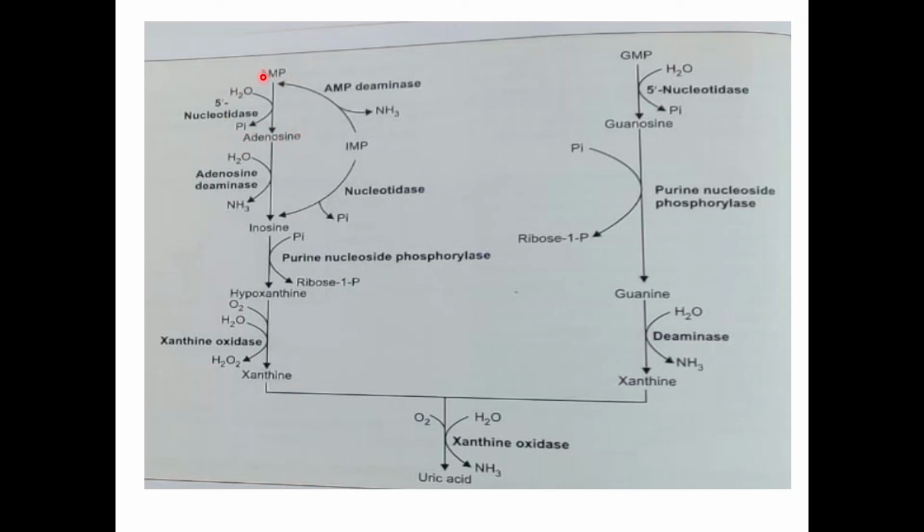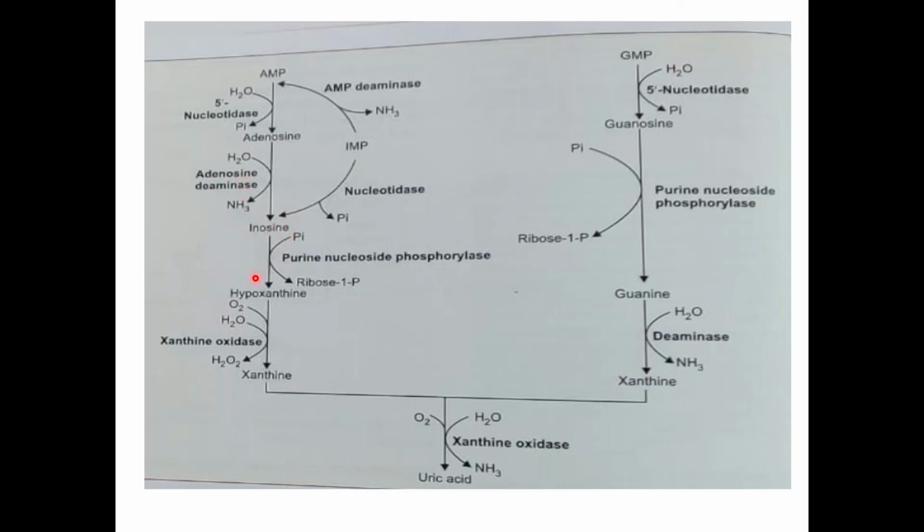So AMP, that is a nucleotide, is converted to the nucleoside in presence of the enzyme nucleotidase. Nucleotidase hydrolyzes the nucleotide to nucleoside. Then deamination takes place in presence of the enzyme adenosine deaminase, and inosine is formed.